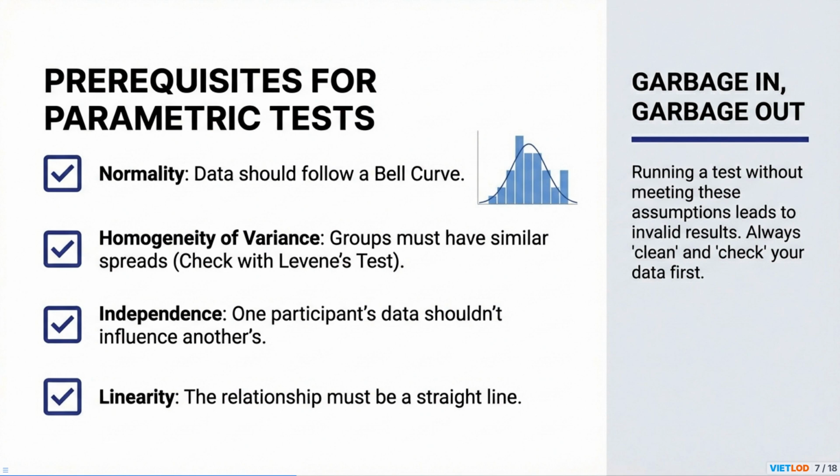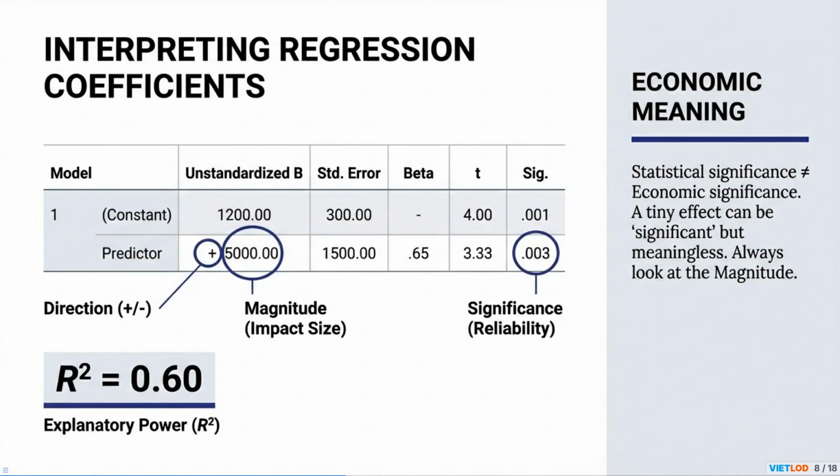Each data point should be independent, meaning one participant's measurement doesn't influence another's. Fourth, linearity. For correlation and regression, the relationship between the variables should be linear, meaning it can be represented by a straight line. Running a test without meeting these assumptions leads to invalid results. Always clean and check your data first.